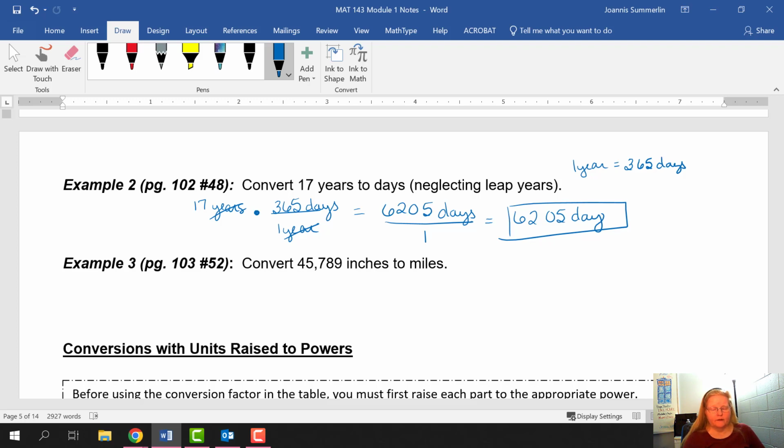Okay. Start with what I know. 45,789 inches. Gonna have to multiply this by something. It's supposed to end up with miles. What do we know about inches and miles? Do you know how many inches are in a mile?